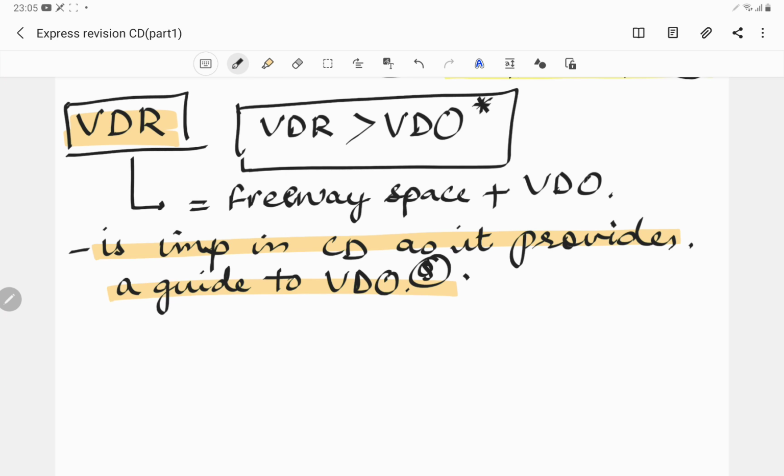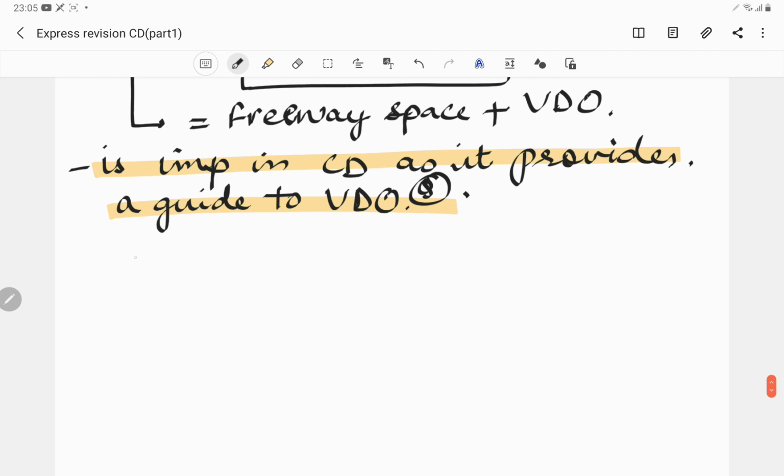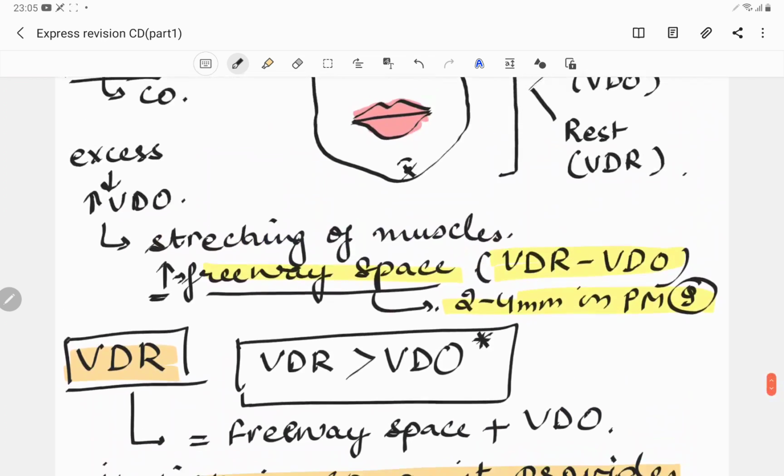Rest gives an idea about the occlusion. So what happens if there is an increase in the VDO? If there is an increase in the VDO, there is going to be a decrease in the freeway space.